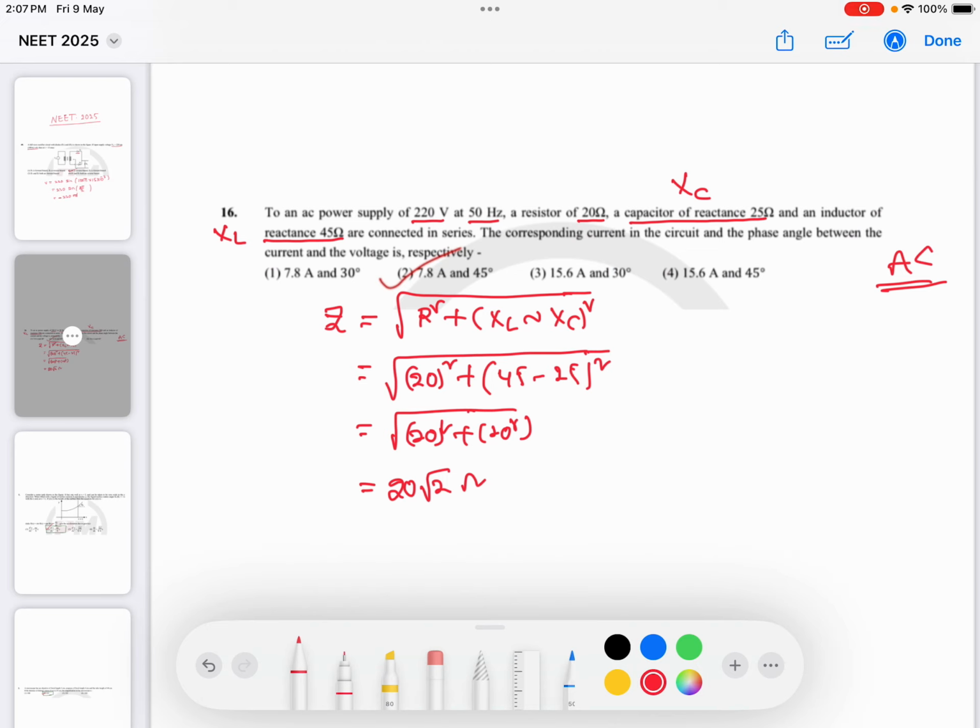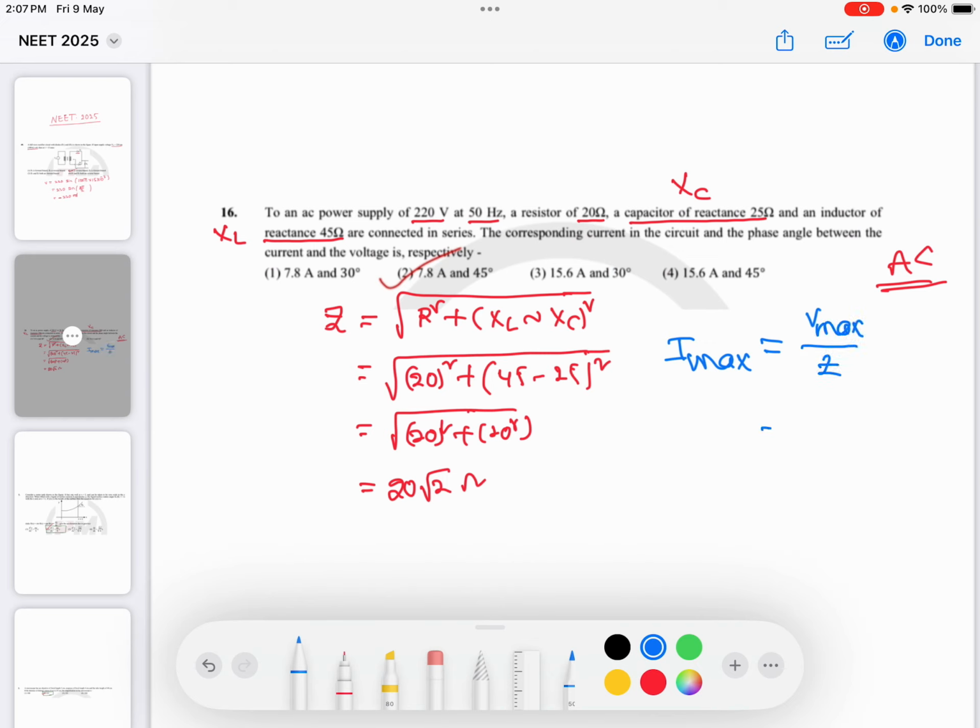By using this impedance value, we get the current value. For this current you can take the maximum current. I maximum can be written as V maximum divided by impedance.